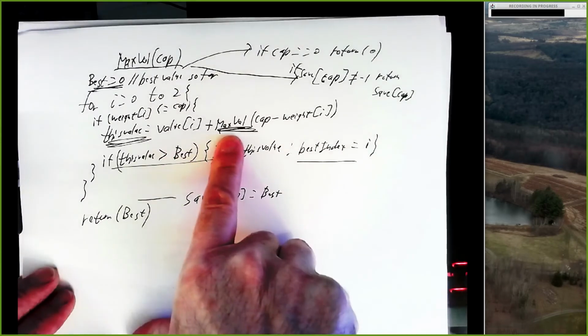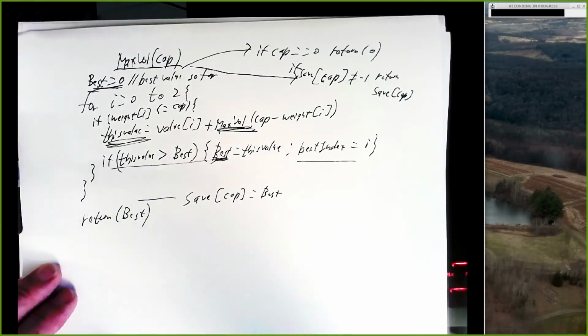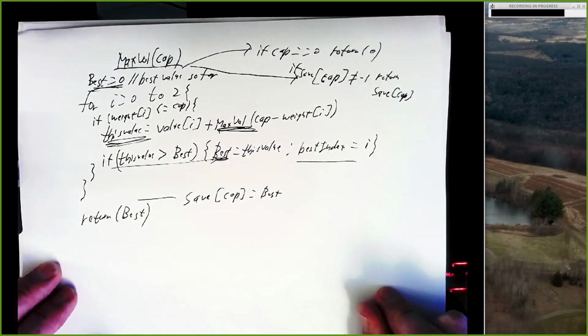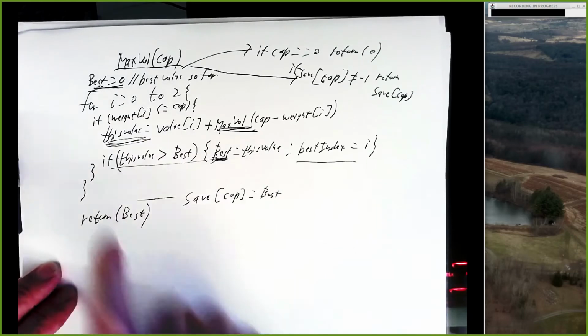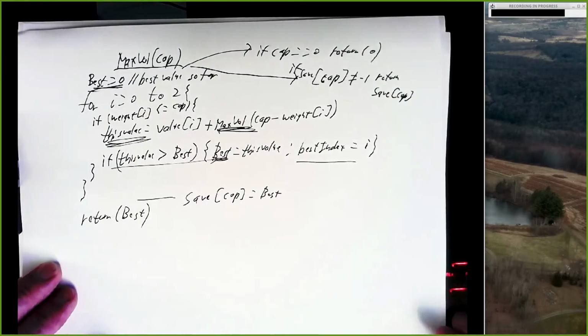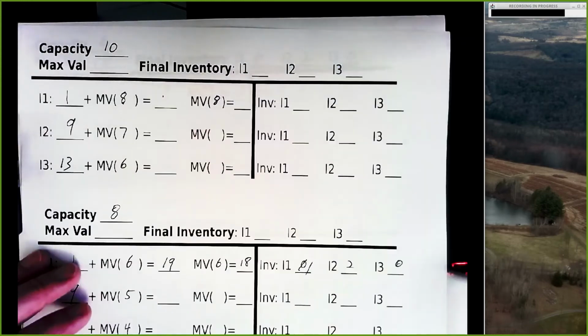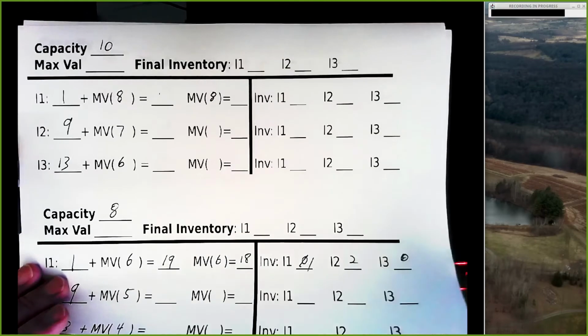You're going to get an inventory from MaxVal each time, and if you've got your best value, you need to remember what that best inventory was that got you that best value. And then bump up whatever your index was in that loop, bump up the count of that item by 1. So if we stored that in a structure, then we can do that inside the structure.